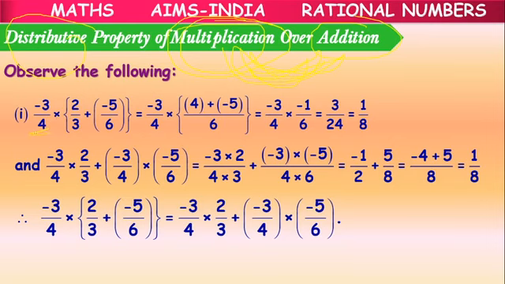So here minus 3 by 4 is there. Minus 3 by 4 into these two rational numbers plus is there. We have three rational numbers such that first one is multiplied with the sum of the second and third.